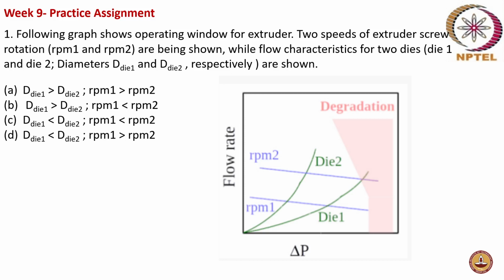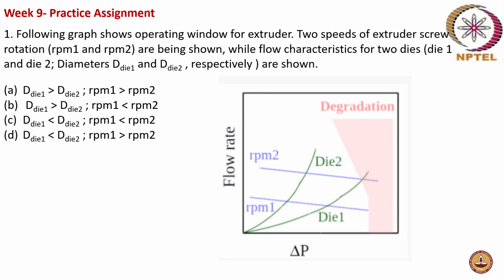Die 1 having higher diameter than die 2, and RPM 1 is greater than RPM 2, or is it die 1 having greater diameter than die 2 but RPM 1 is less than RPM 2, or is it die 1 having lesser diameter than die 2 and RPM 1 is less than RPM 2, or is it die 1 having lesser diameter than die 2 but RPM 1 is greater than RPM 2? Which of these is right?